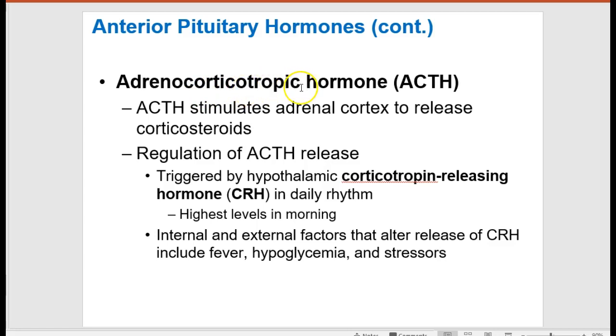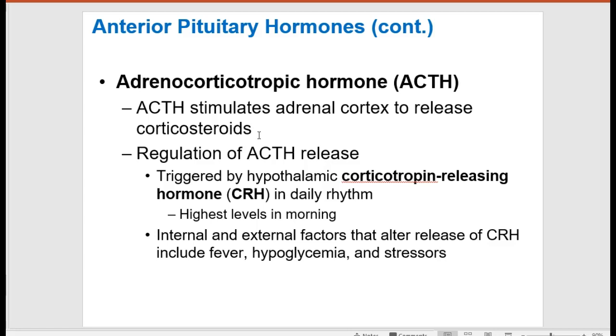And tropic technically refers to development or an action of something being made, but in this case you can think of it as stimulating something to happen in the adrenal cortex. So that's exactly what this hormone does. It stimulates the adrenal cortex to release corticosteroids.